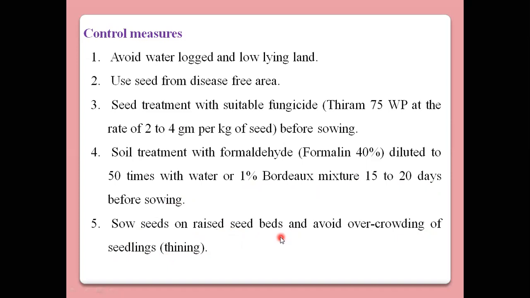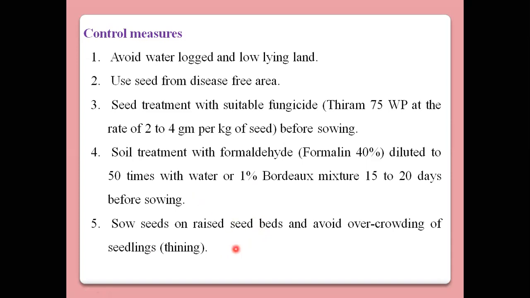Sometimes this Pythium can also be eradicated by using biological treatments. You can use Trichoderma powder for seed treatment at the rate of 4 to 6 gram per kg of seed, or first prepare the Trichoderma solution, and drench this solution around the roots of the infected plants.